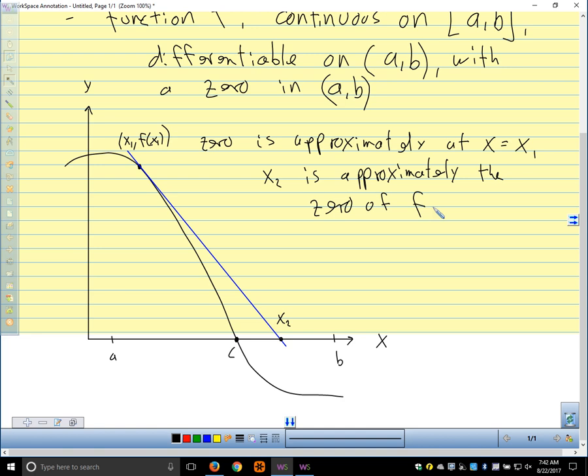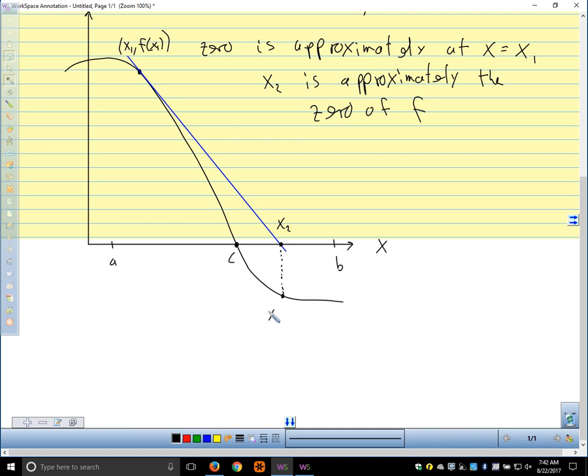And then what we're going to do is say, well, let's let x2, f of x2, let's find the tangent line there and approximate the 0 of the function.